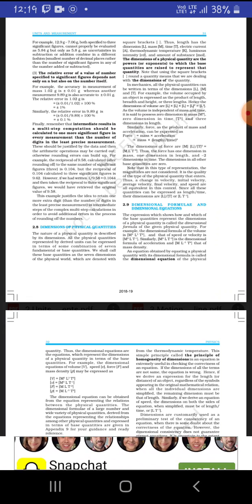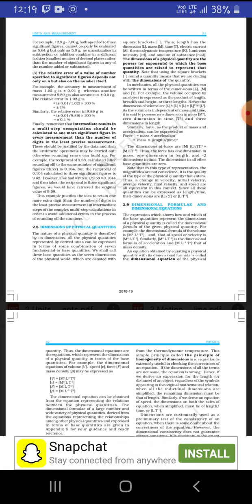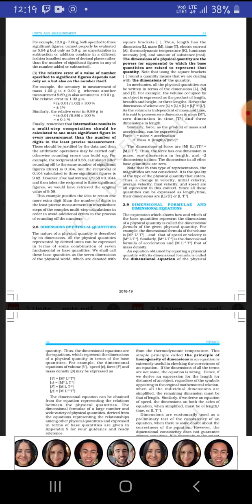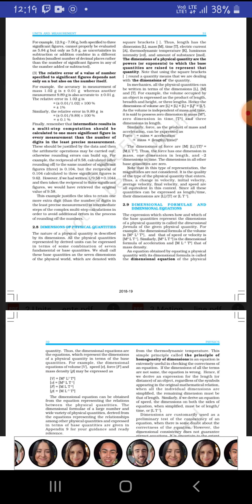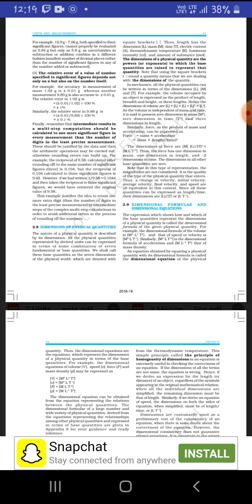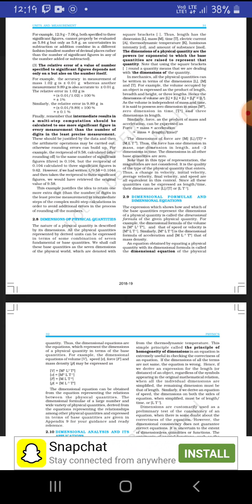So let's take L into M into T, the mechanics. When we square L, we get L cubed, three times it will get. Length into time squared we get, and mass into length by time squared we will get.